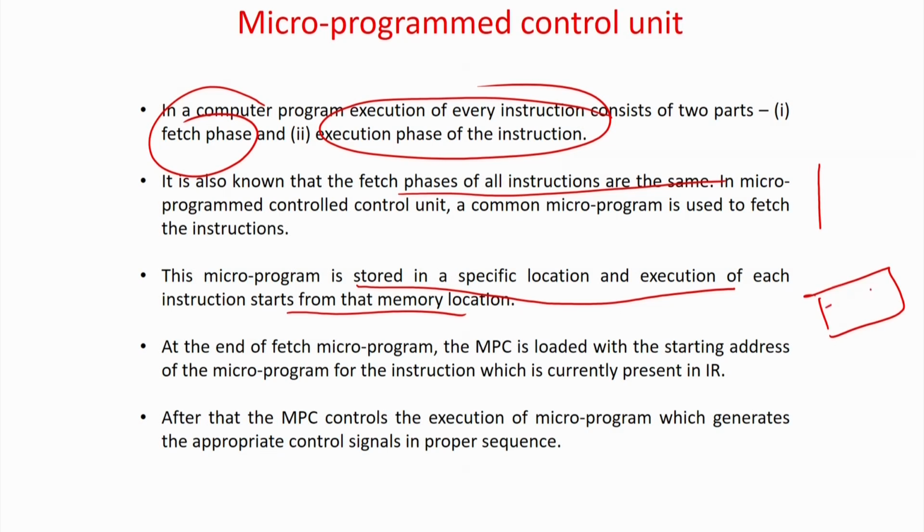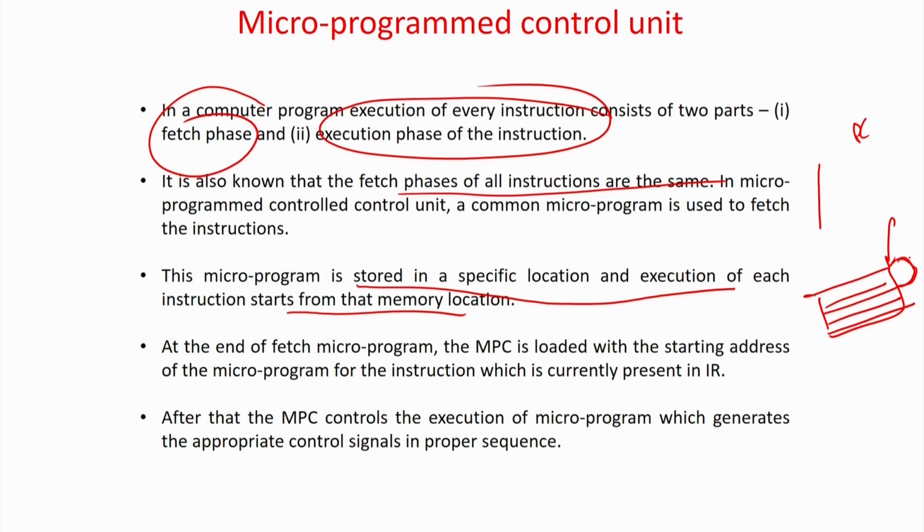Maybe this is the microprogram memory, and maybe this part is reserved for the micro instructions corresponding to fetch. So whenever a new instruction has come, your MPC will point to this. When the 3 or 4 micro instructions for fetch are completed, then the MPC will start pointing to some XYZ position.